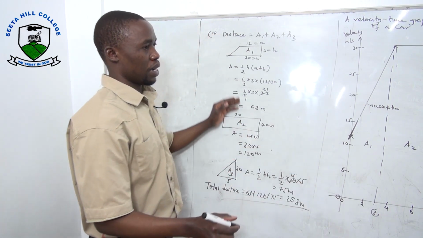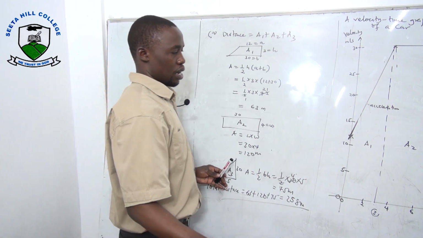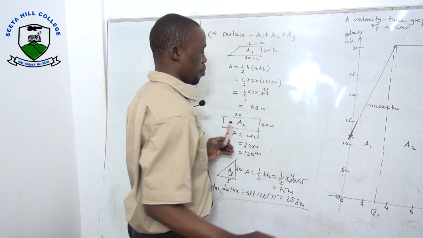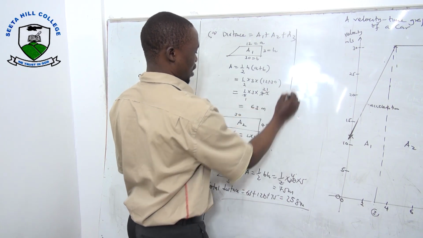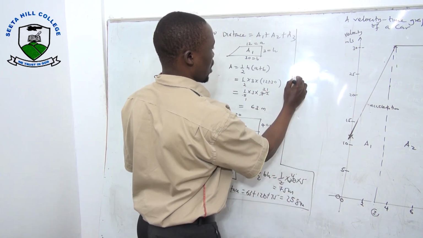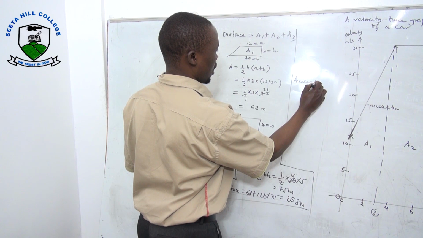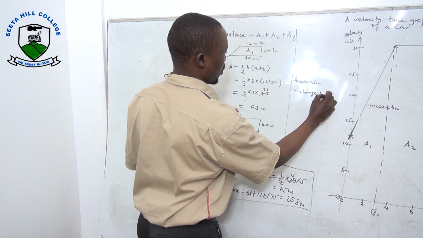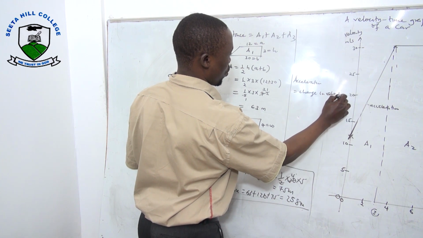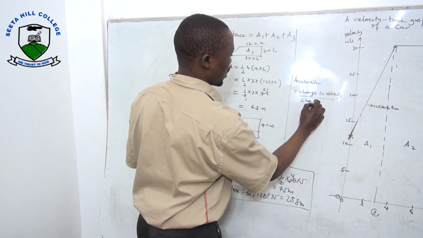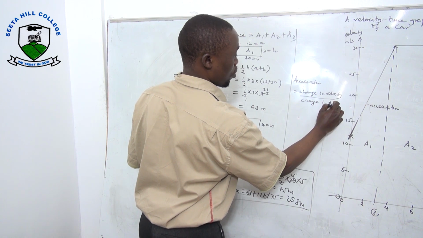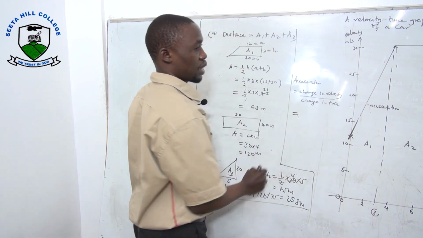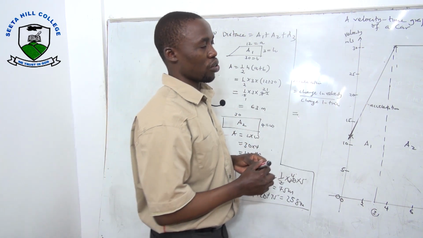This one you've captured it. Acceleration, we have said it is equal to change in velocity out of change in time. You'll meet more of that in your physics, but for us we don't go in detail.